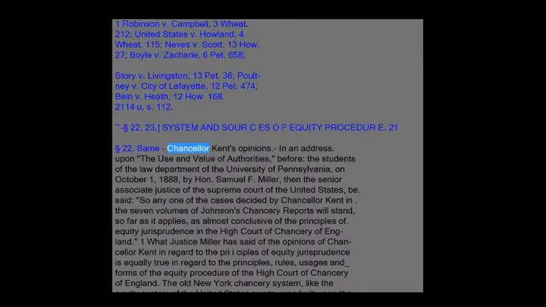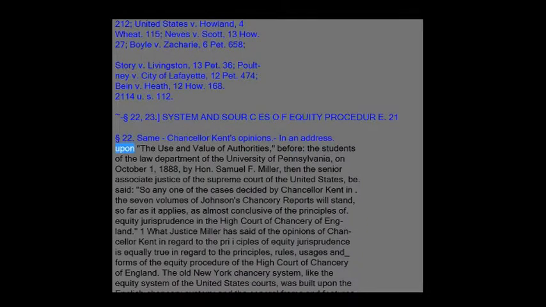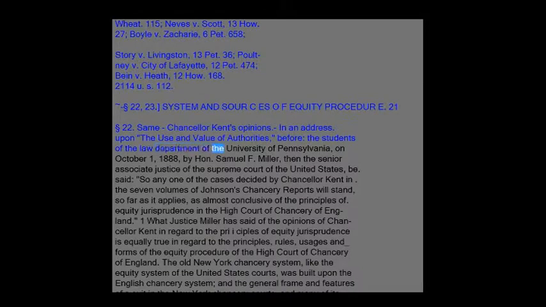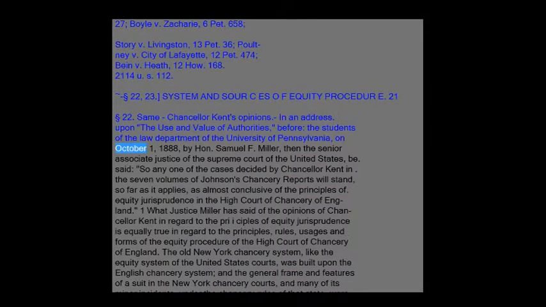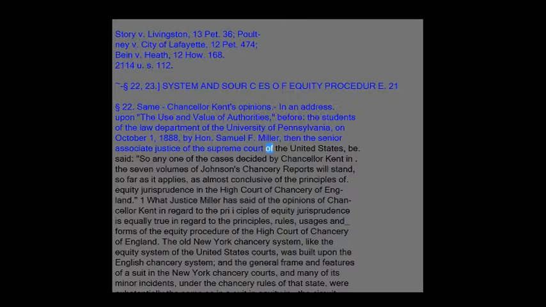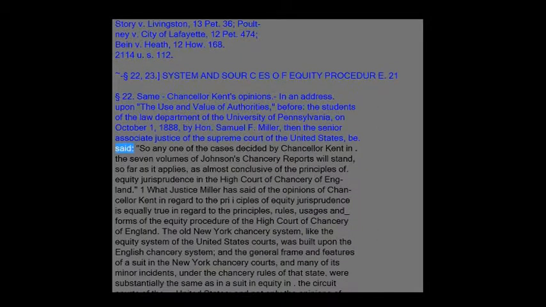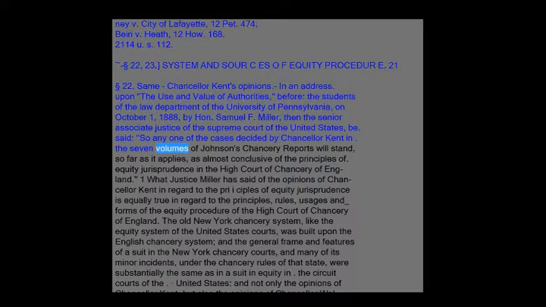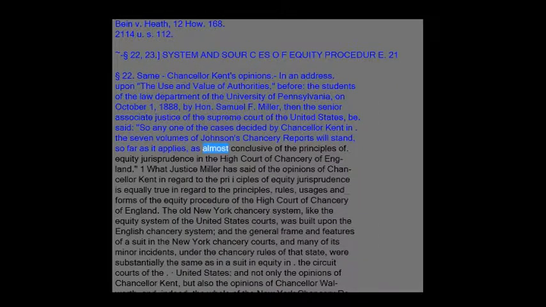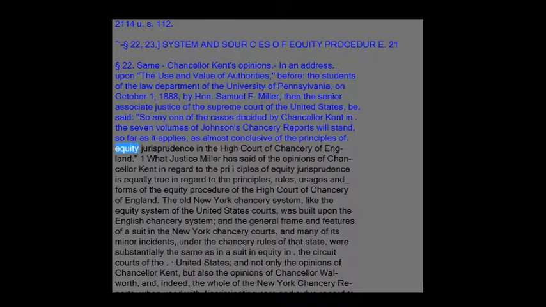22. Same. Chancellor Kent's opinions. In an address upon the use and value of authorities before the students of the Law Department of the University of Pennsylvania on October 1, 1888, by Hon. Samuel F. Miller, then the Senior Associate Justice of the Supreme Court of the United States, he said, as to any one of the cases decided by Chancellor Kent, the 7 volumes of Johnson's Chancery Reports will stand, so far as it applies, as almost conclusive of the principles of equity jurisprudence in the High Court of Chancery of England.